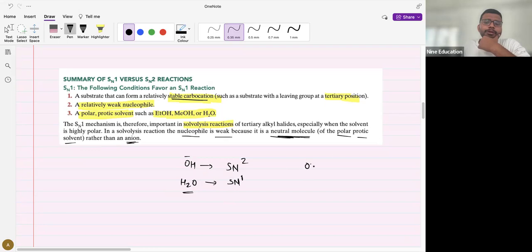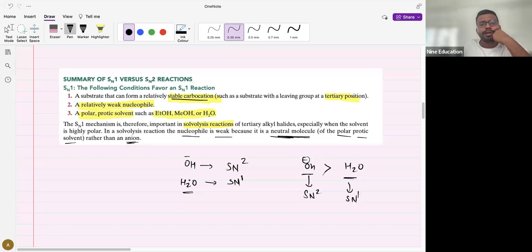So if I have to attack with OH minus or H2O, we have two possibilities. OH minus I will use in SN2, and H2O I will use in SN1 because H2O is weak.